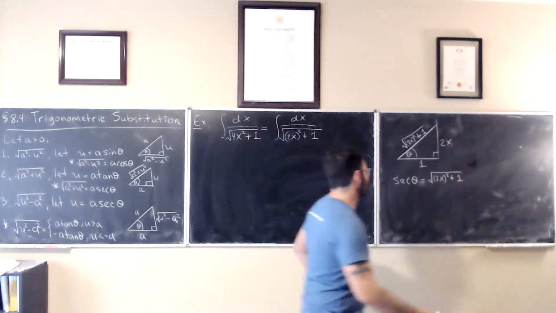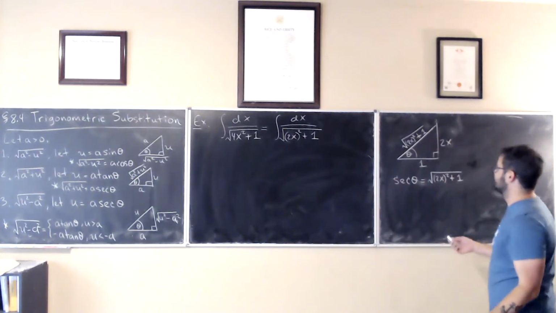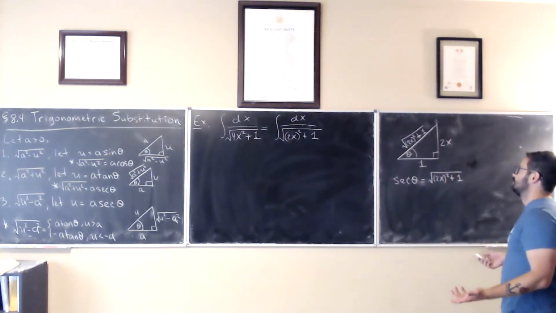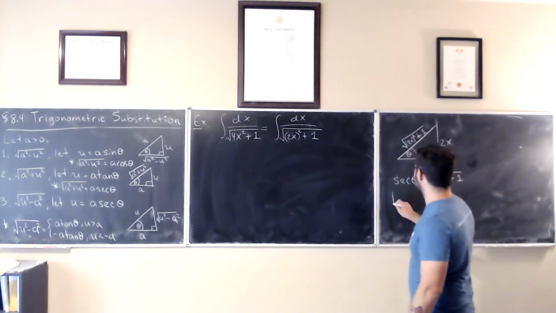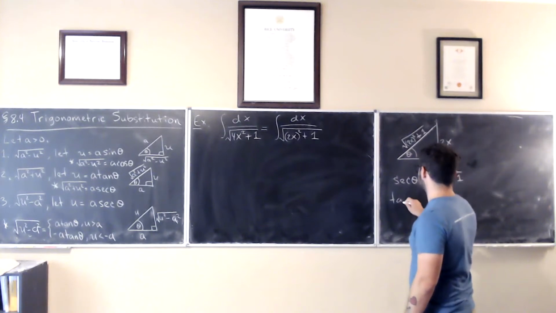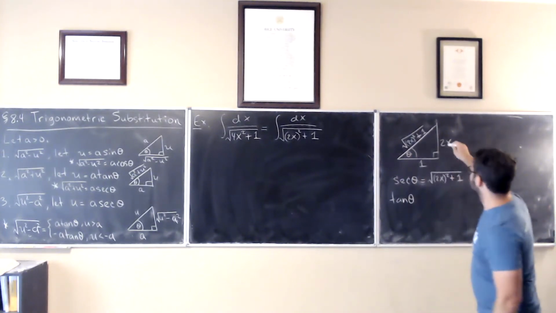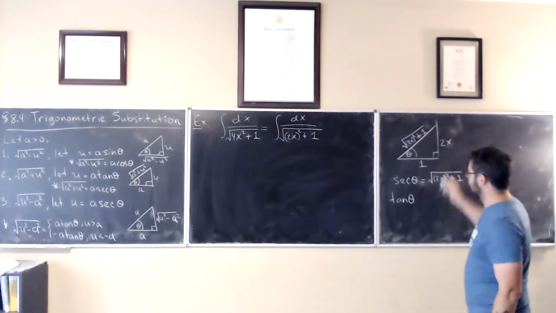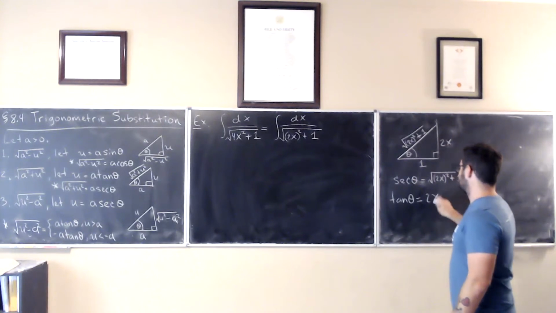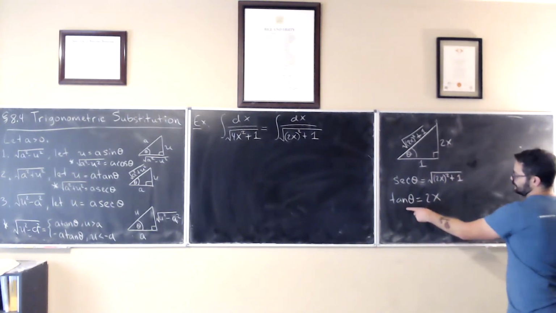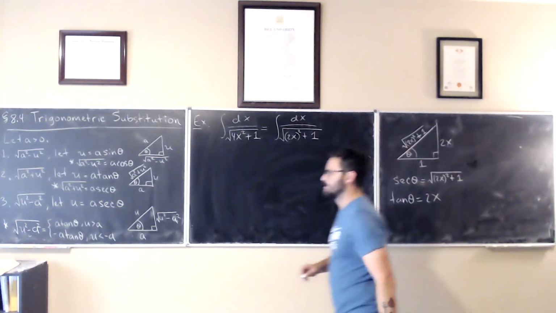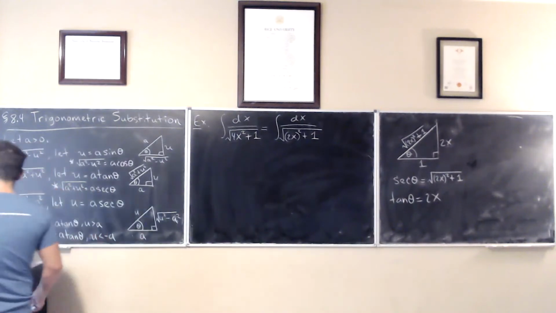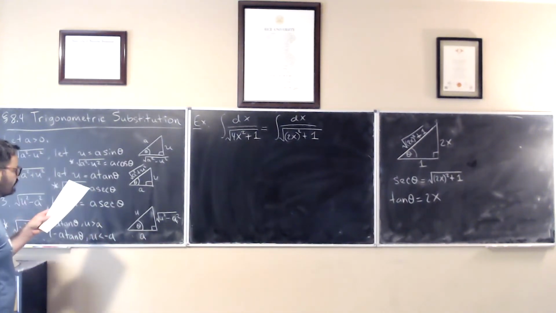I just need to get my dx now, and I can do that any number of ways. I want to do maybe tangent. No, yeah, tangent. Because tangent would be that over 1, and that's the easiest way to isolate x. So then I can do the derivative of tangent. What is that? Why do I always forget the derivative of tangent?